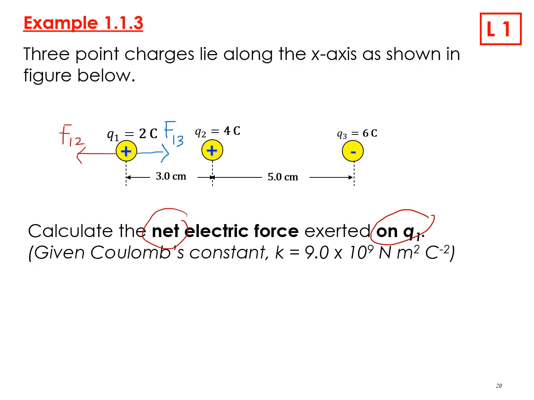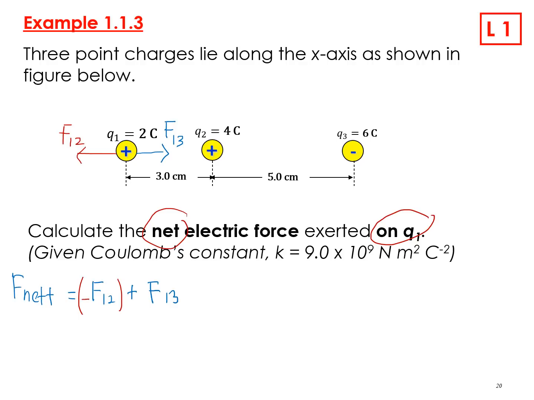We want to find F net as usual. Net means you sum up the forces. So you have two forces, F12 plus F13. But you must consider that since F12 is directed to the left, it is negative.